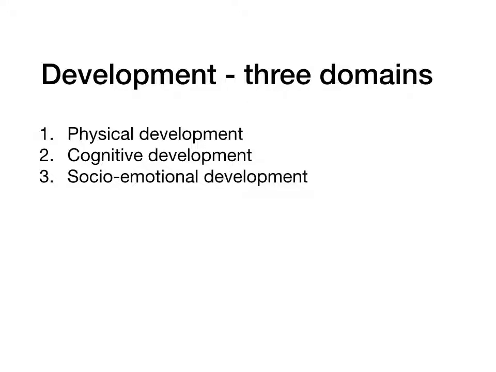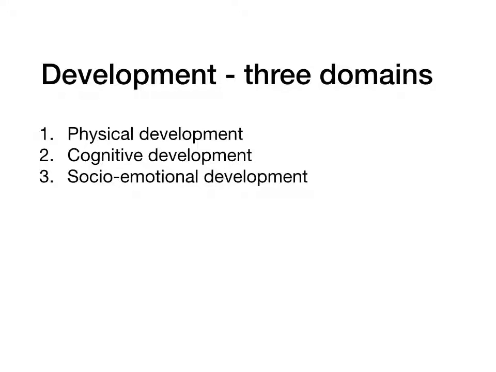So by the first domain, the physical development, we mean primarily development or changes in the physical form of human beings. This is an aspect of development which is quantifiable, which can be measured.